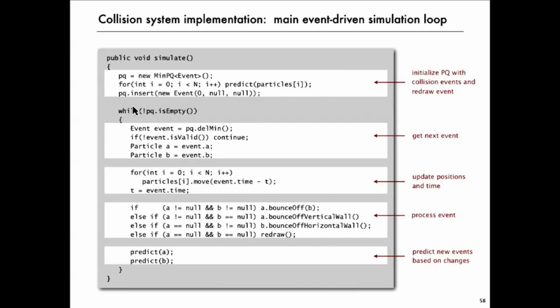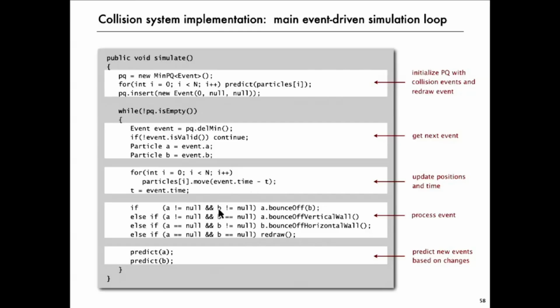Okay, so now the main loop is: while the priority queue is not empty, we pull off an event. We test whether it's valid, which just checks if anything happened with those two particles. We pull off the two particles, and then we move all particles by the amount of time that has elapsed since the last event.